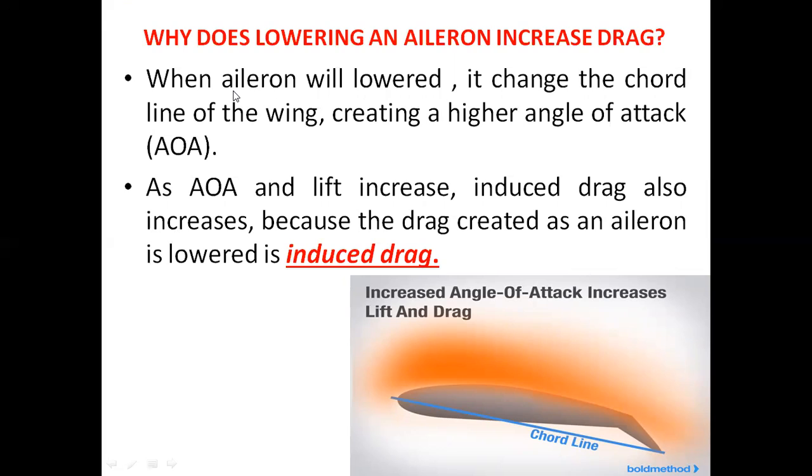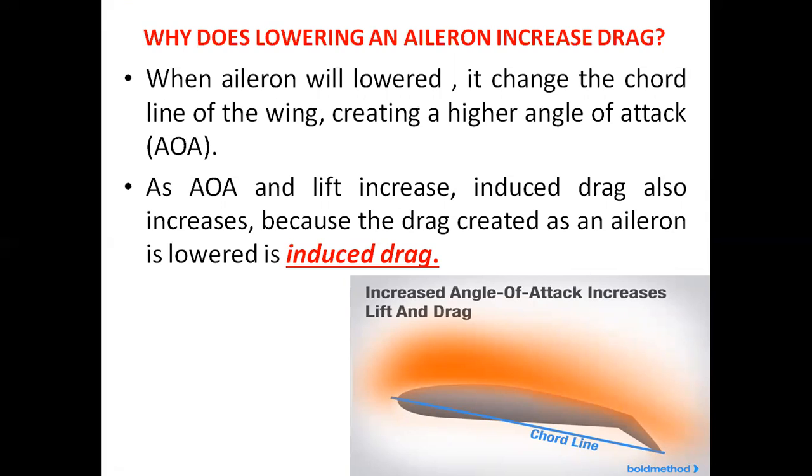When the aileron gets lowered, it changes the chord line of the wing, creating a higher angle of attack. As angle of attack and lift increase, induced drag will increase. The drag created as an aileron is lowered is known as induced drag.